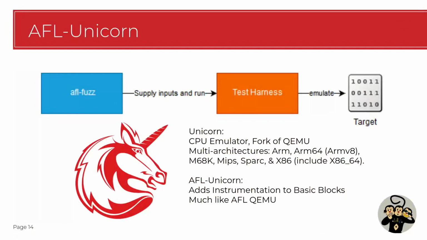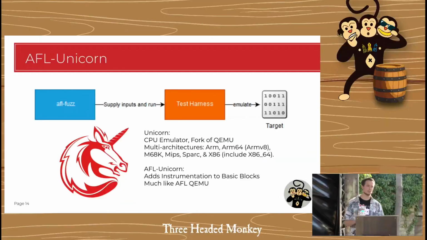Along comes AFL Unicorn by Nathan Voss. It takes input, drops it in a test harness, and then fuzzes it. It uses Unicorn underneath. Unicorn is a fork of QEMU that is just there to be used in a Python script or some random scripts, and it can emulate a multitude of architectures. Basically, almost everything that QEMU can do, more or less.